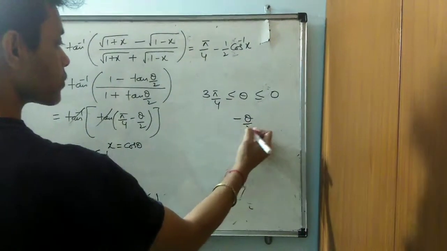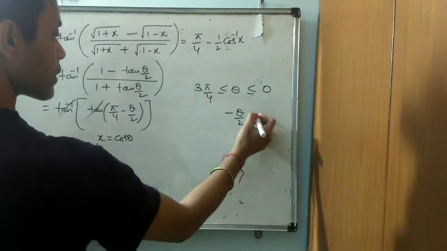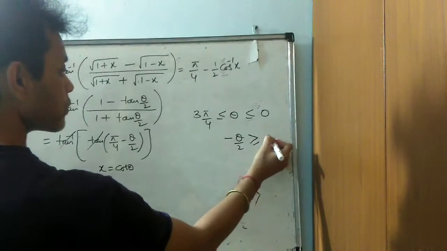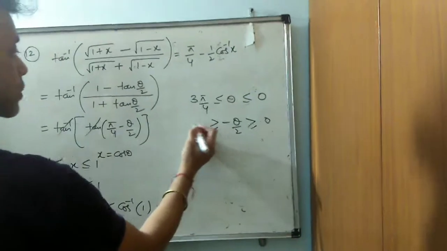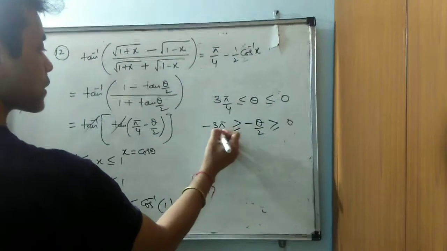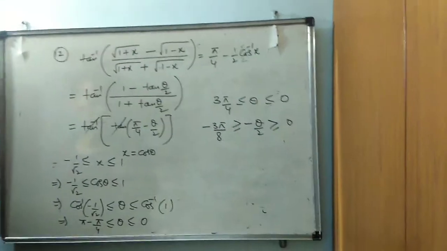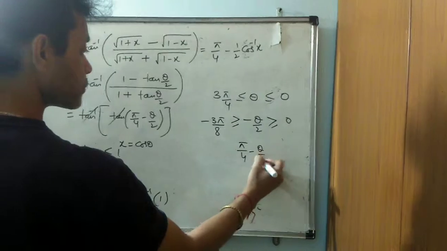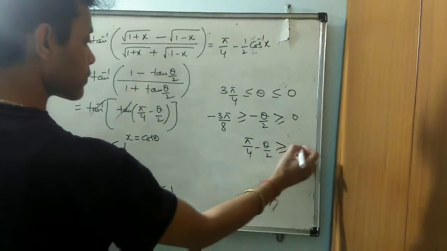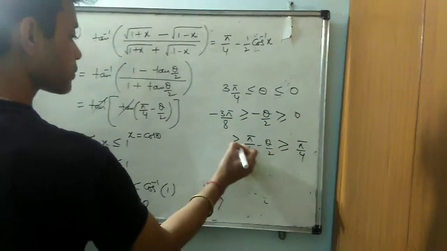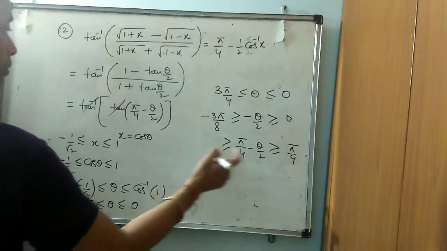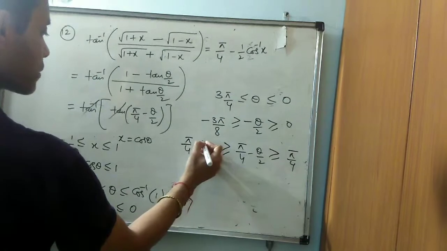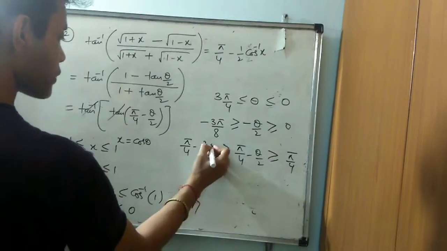Now we have to check for pi by 4 minus theta by 2. Divide by 2 and multiply with minus 1. Direction of inequality will change: 0, and this one becomes minus 3 pi upon 8. Now adding pi by 4 to all, we get this one as less than pi by 4 and greater than pi by 4 minus 3 pi by 8.